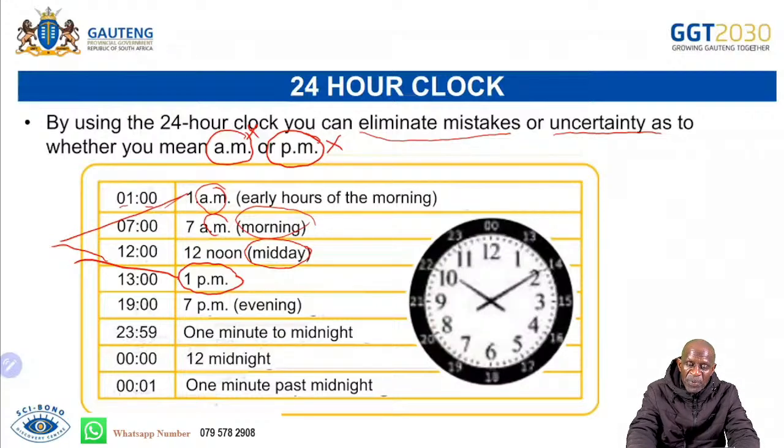I hope grade 12 learners, you are following my explanations, and I just trust that you understand the concepts that are very important for us to master so that we find the calculation of time very simple as we proceed.